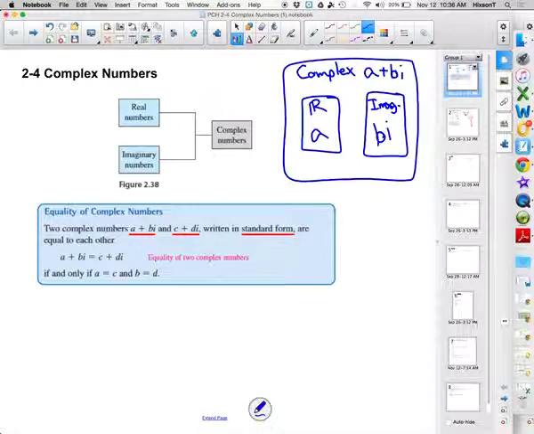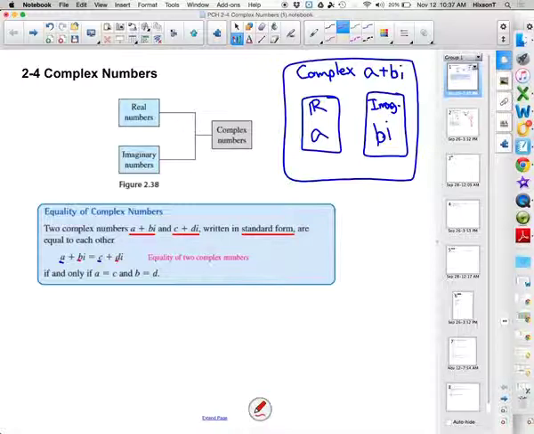Now, one thing I want to point out here is that in order for two complex numbers to be equal, notice what this says is A plus BI has to equal C plus DI. In order for that to be true, A and C, the real number portions of those numbers, have to be equal. A has to equal C, and then also B and D, the coefficients of I on the imaginary portion, have to be equal.